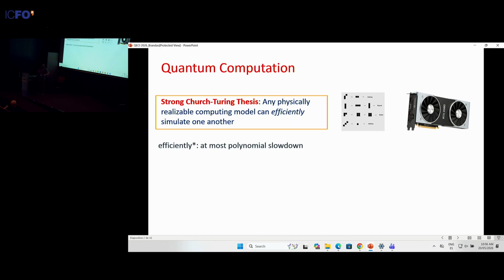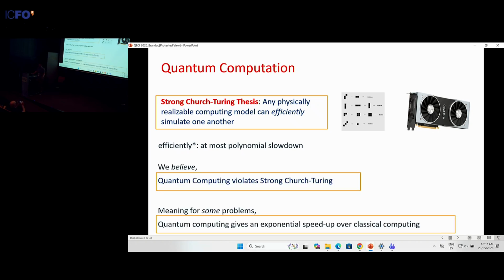There might be a slowdown, but this slowdown is not too big, let's say polynomial in the input size of the problem. So it doesn't matter what you're using. The fundamentals of computing are the same. You can model it as a Turing machine or some circuit model, whatever you want. And this seems to be true for every model of computation that we know, except one: quantum computing.